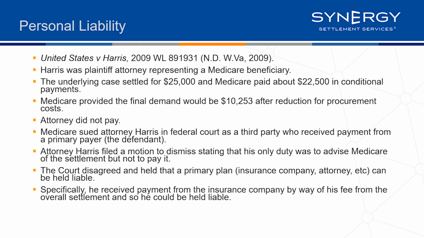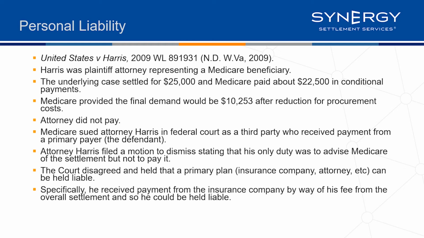So Medicare sued the attorney in federal court as a third party who received payment from a primary payer, the defendant. The attorney filed a motion to dismiss, stating that the only thing he had to do was let Medicare know that there was a settlement. The court disagreed and held that a primary plan, whether it's the insurance company, the attorney, or the other parties we previously enumerated, can be held liable.